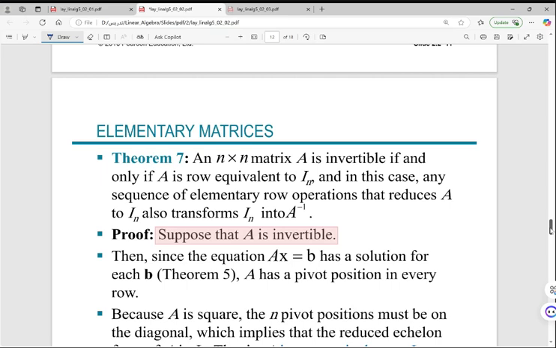Tomorrow we will take advantage of them to present our method for computing the inverse of a matrix. Elementary matrices are very important. Please keep the definitions in your mind. Tomorrow we will talk about how to use them to compute the inverse of a matrix.